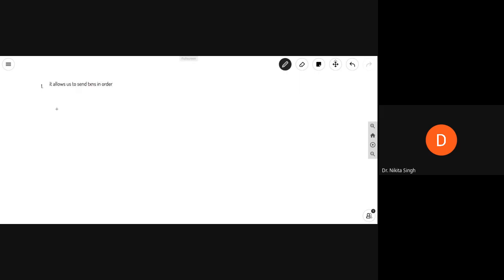So let us see what we mean when we say nonce allows us to send transactions in order. Without the nonce, the order in which you send transactions might be ignored. Okay. So let us say you send two transactions within 10 seconds. So you are, say, user A and you send two transactions.